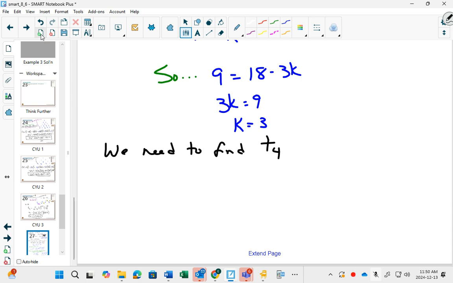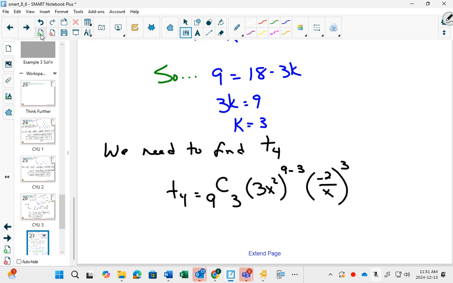And now we can go back to our same formula and say, I know I can find term 4. N was 9. K is 3. A was, oh, I can't remember, 3x squared. 3x squared to the 9 minus k. And B was negative 2 over x to the k.